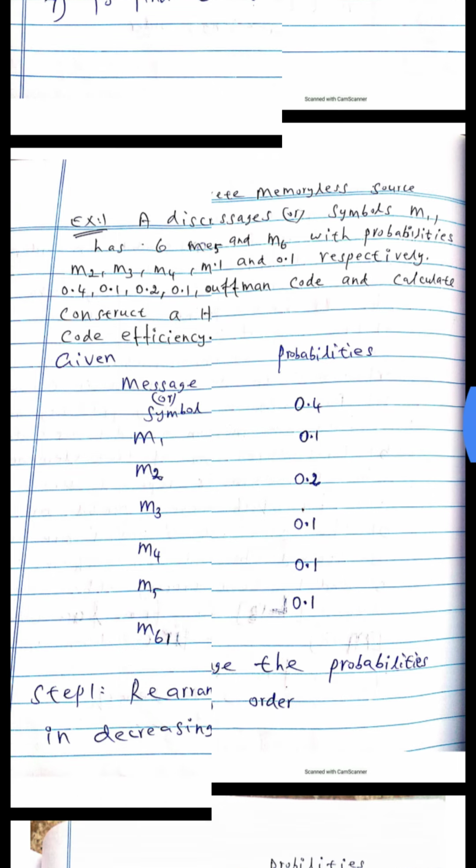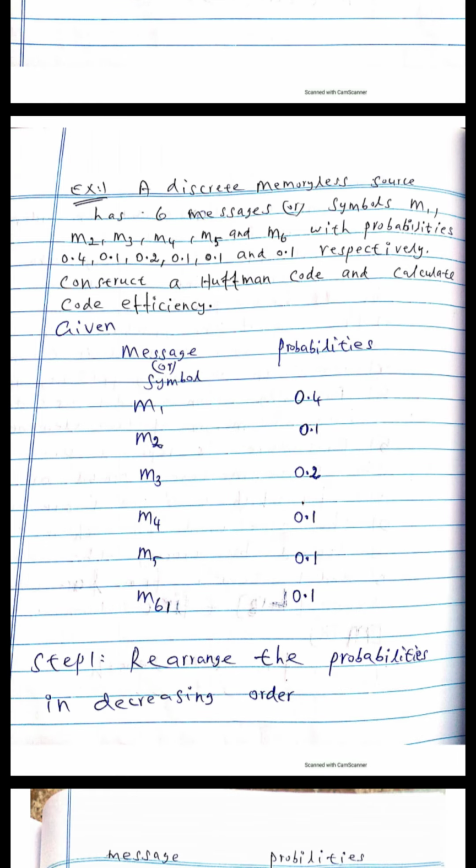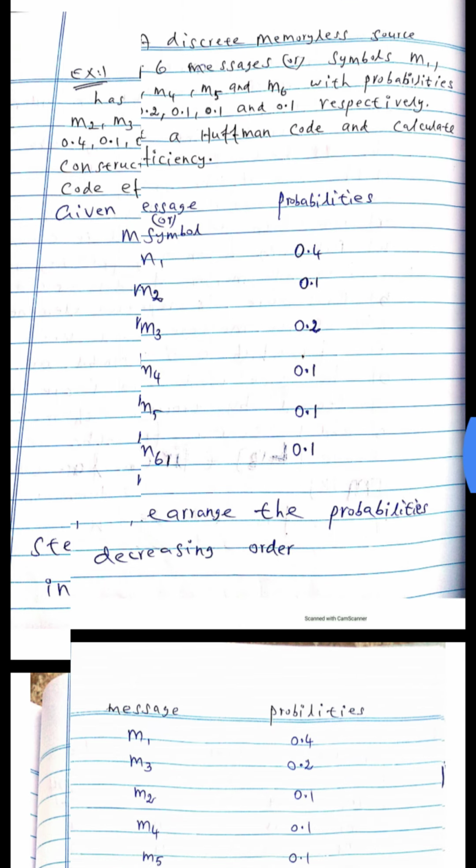Construct a Huffman code and calculate code efficiency. The given table has the first column as messages or symbols and the next column as probabilities. For messages m1 to m6, the corresponding probabilities are 0.4, 0.1, 0.2, 0.1, 0.1 and 0.1.